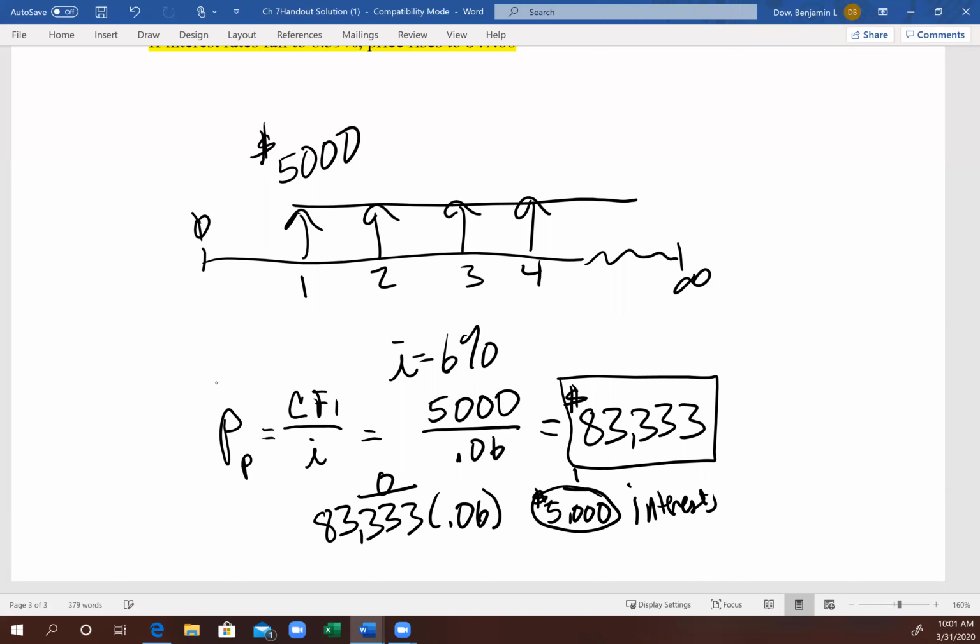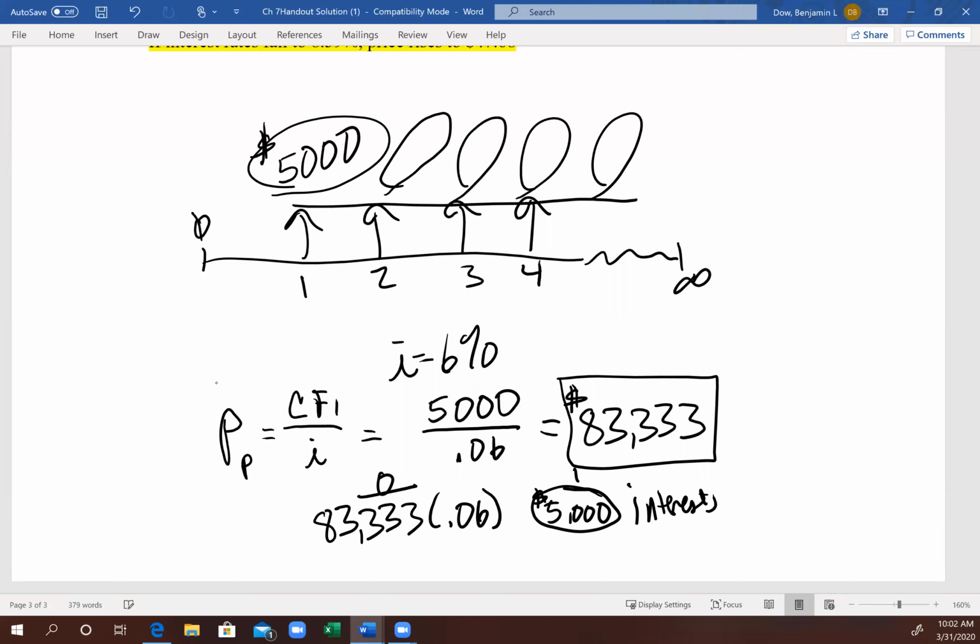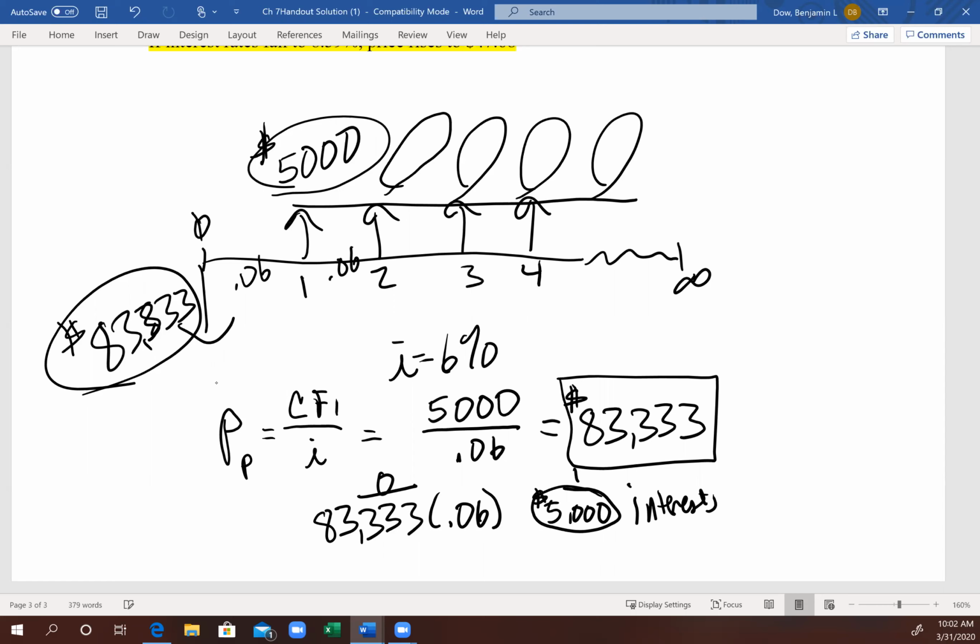And I said, hey, if we want to spend $5,000 every year, is there a way to do it and we never run out of money? And we kind of use the argument that, hey, if we only spend the interest and never spend the principal, how can we run out of money? So if we put in 83,000, it earns 6%, we get $5,000, we spend 5,000, we leave the principal in and only spend the interest, it will last forever.